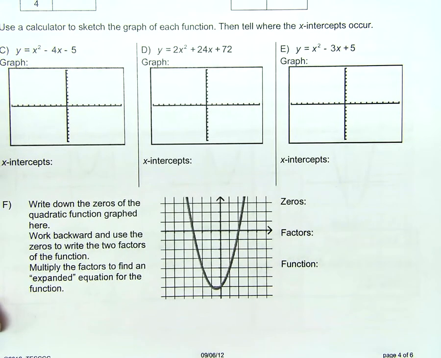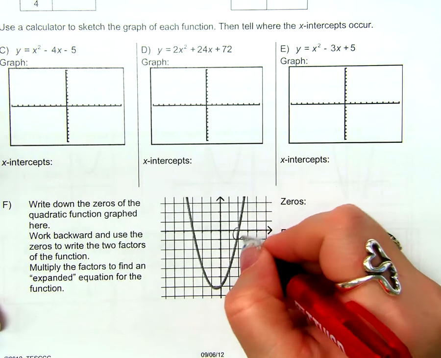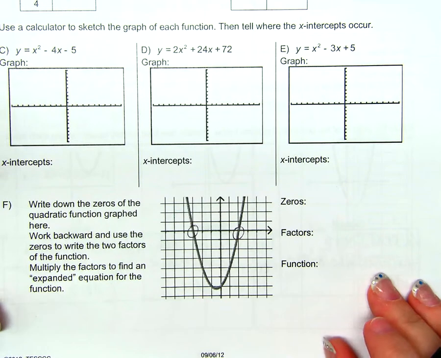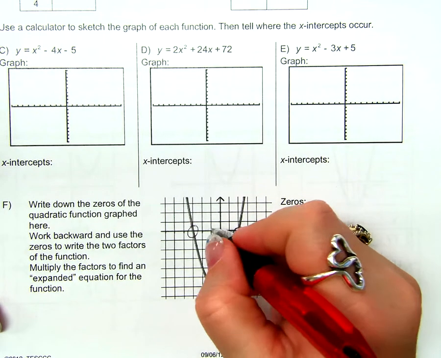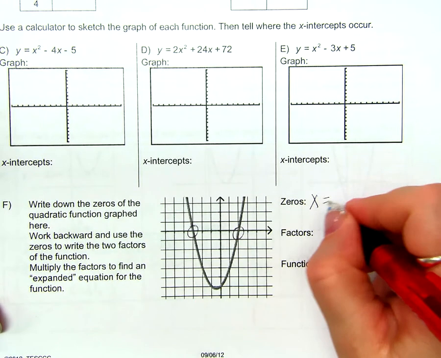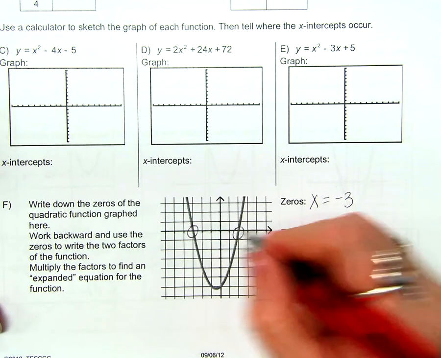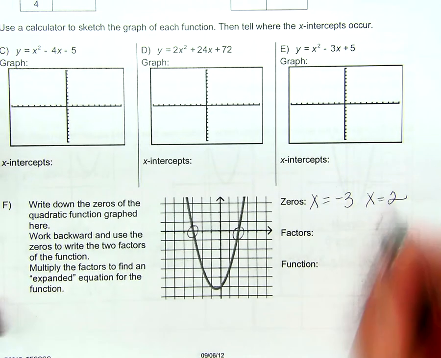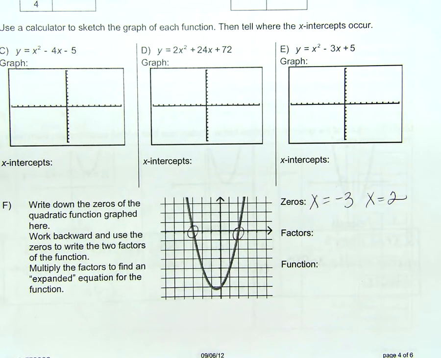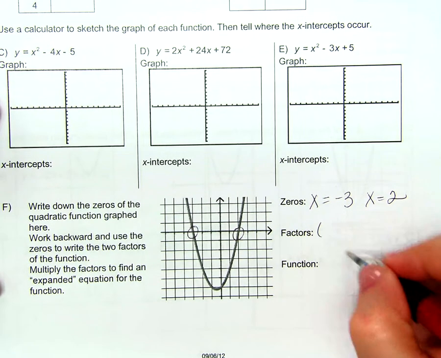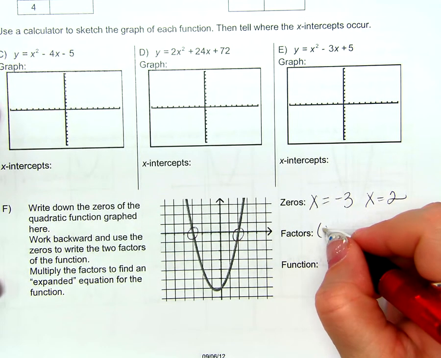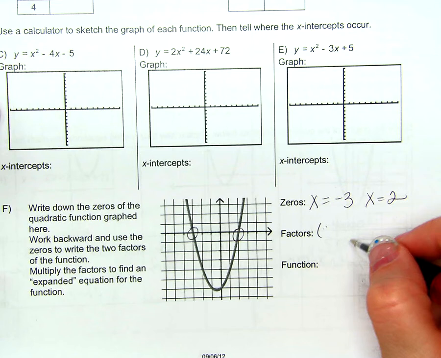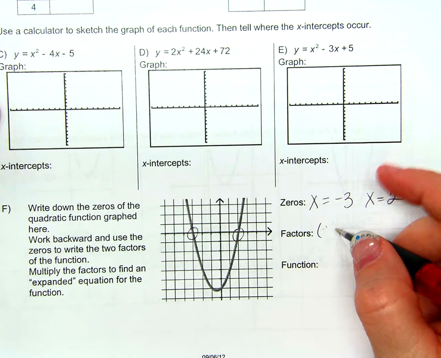All right? The zeros of this function are here and here, correct? Which would make them x equals -3, and x equals 2. Okay? So that's how we write our zeros. How do we write our factors? That's an x-intercept. You guys are telling me great answers for x-intercept.